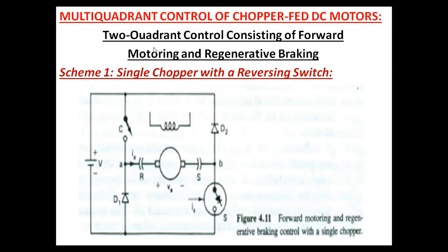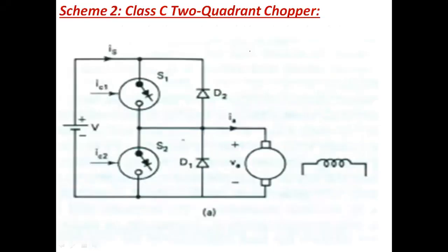Next, now we will see scheme 2. This is scheme 2 and this is class C 2-quadrant chopper. In some applications, suppose servo drives, machine tools and so on, we need a smooth transition.